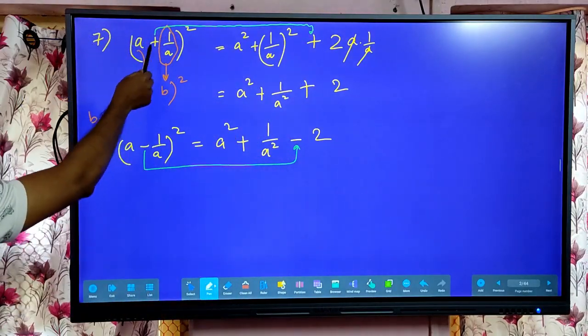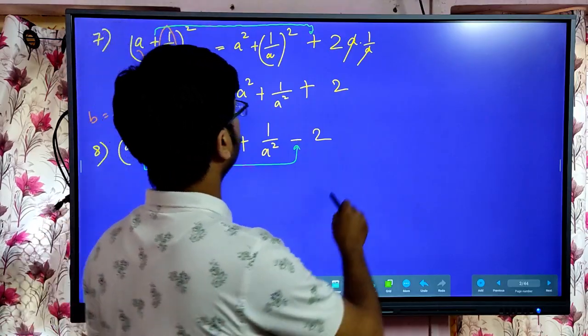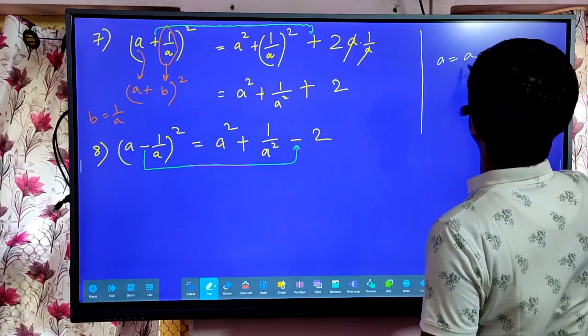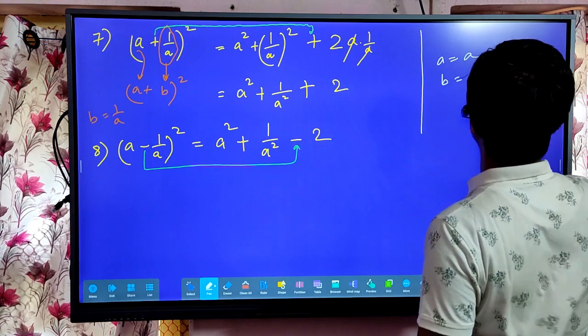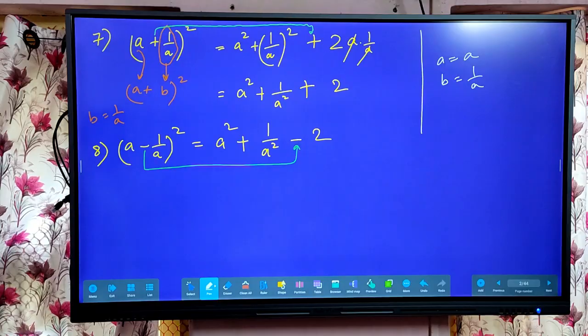There is A plus B whole square. In this case, your A will be A, simple, but your B will be 1 by A. So if this adjustment happens, how will the formula look? Same thing.